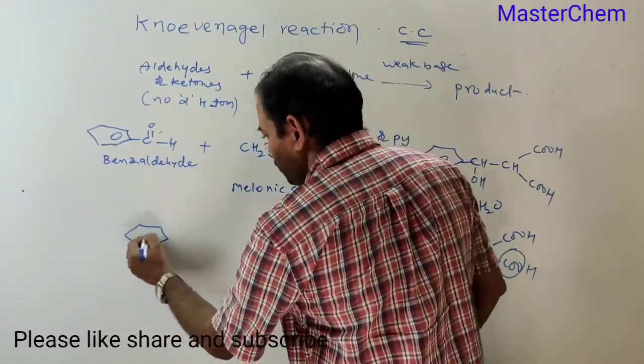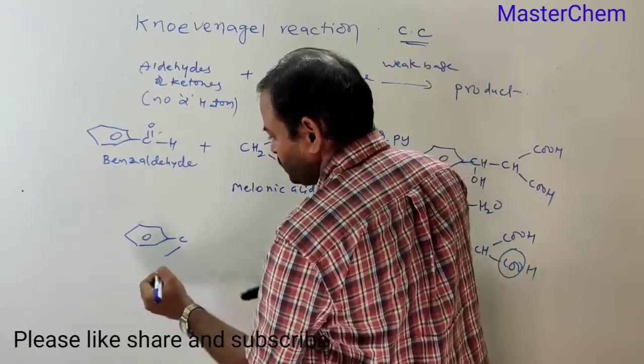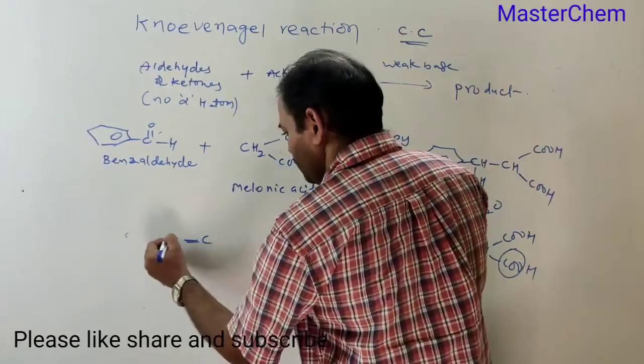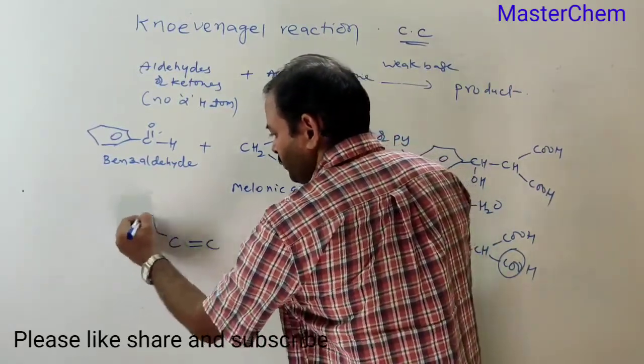The given compound is CH double bond C, with the benzene ring here.